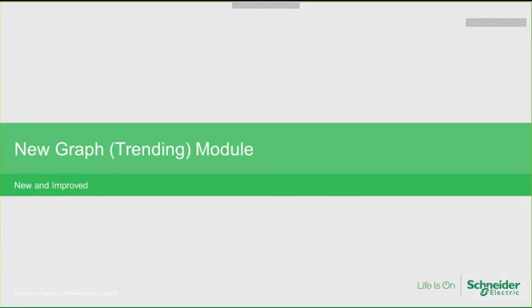And the biggest change in version 12 from an end user point of view is a completely new graphing, what we call trending. We call it graphing, the industry calls it the trending module. What we had before was very old and could, in some instances, be quite slow and tedious.